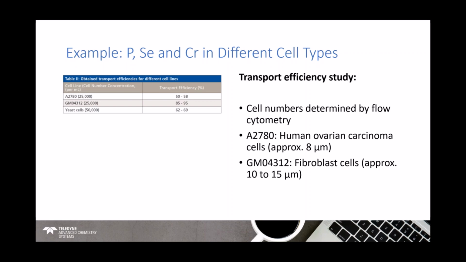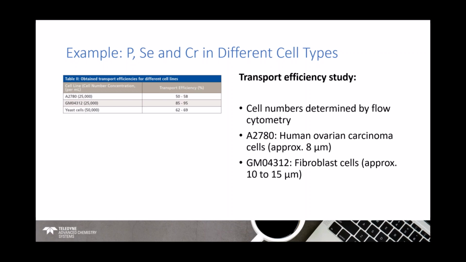Of all the mammalian cell types that people are interested in, they all have different degrees of robustness. Therefore, their transport efficiency between them is going to be different. So there is no one-size-fits-all set of conditions for the cells that you might be interested in. So this is another part of the optimization of your system.